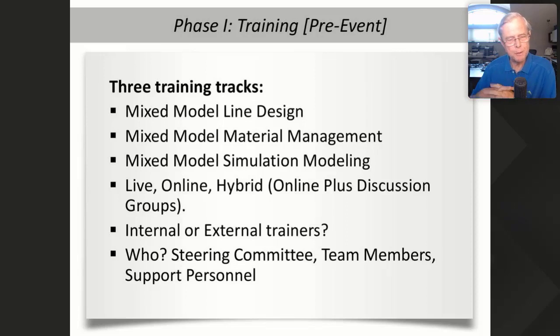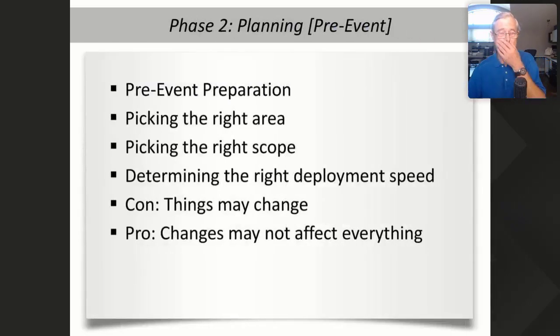And then you have support personnel. Again, these people are not necessarily on the team, but you're going to need them when you're implementing. People like facilities people need to have some background in mixed model manufacturing. Maybe not to the same level, but they need to understand what the team is trying to accomplish. So that needs to happen sometime ahead of time.